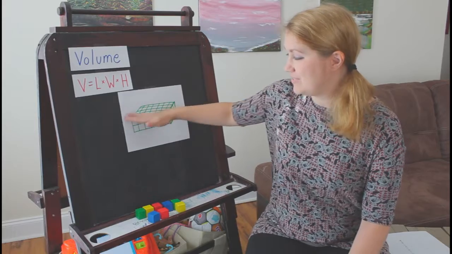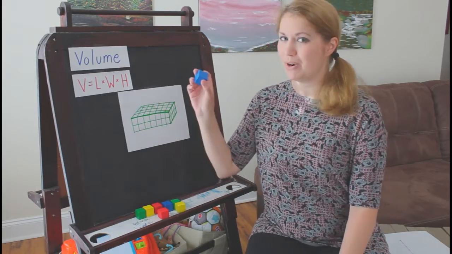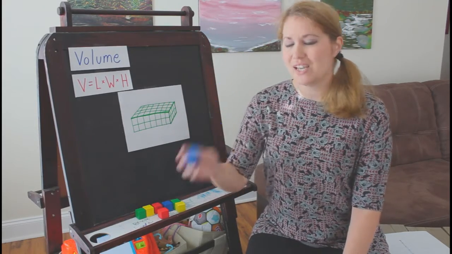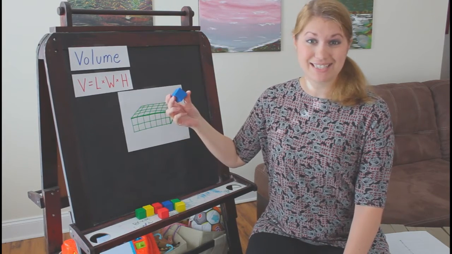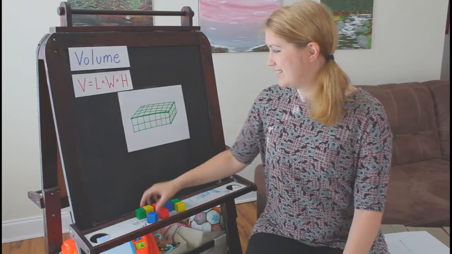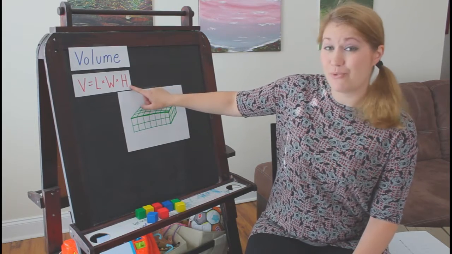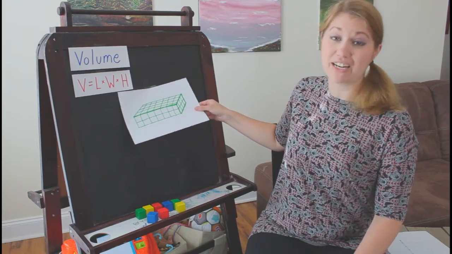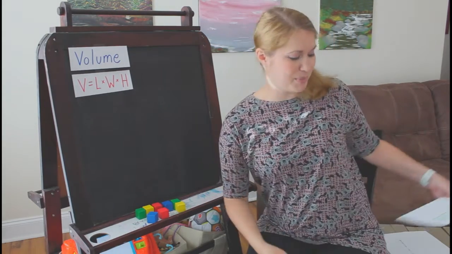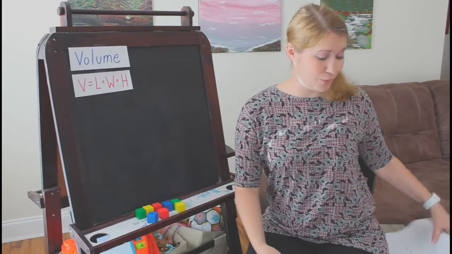So we have 56 units. Now remember, we're using cubes, so 56 cubic units. That's going to be for this one. Now your picture is measured in feet, so you should be writing feet cubed. Remember to put that little 3 up in the air for it.